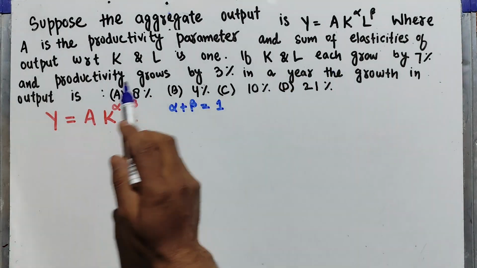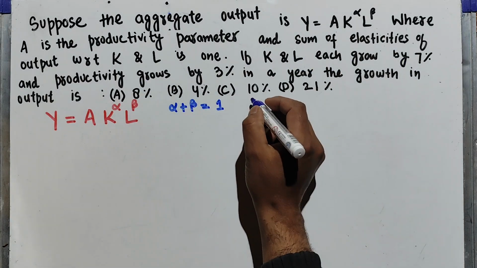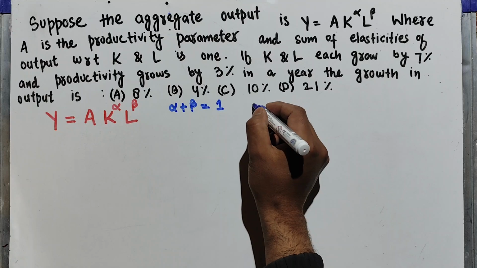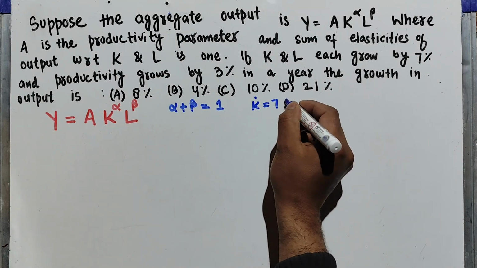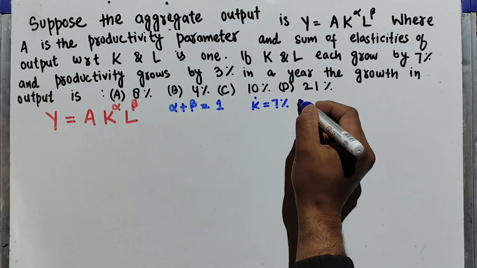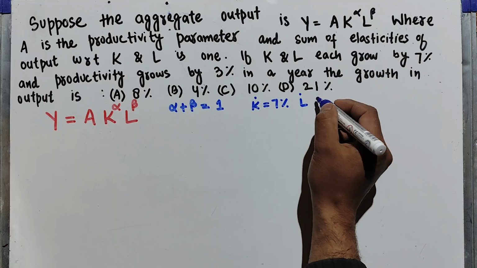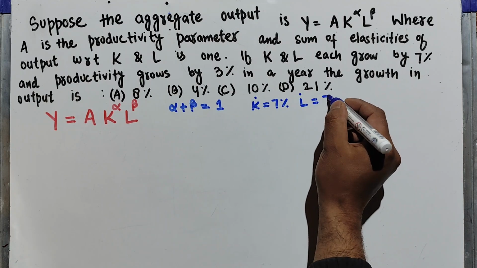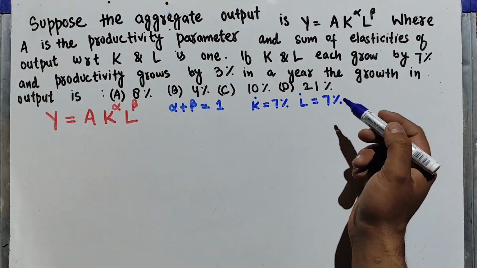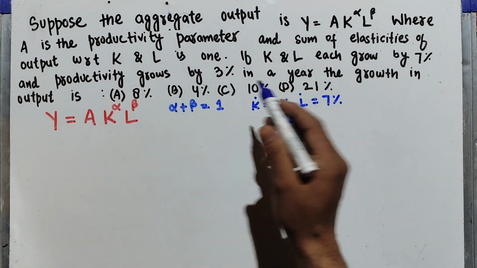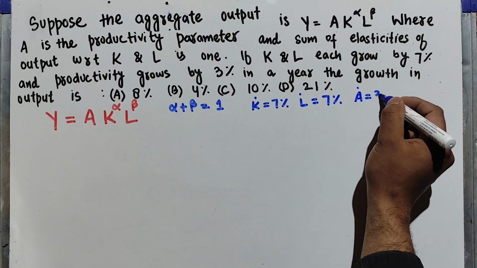Also we are being told that capital and labor grow by 7%. Let us denote the growth rate of capital by K dot, given as 7%, and the growth rate of labor, L dot, also given as 7%. The growth rate of the productivity parameter, A dot, is given as 3%.